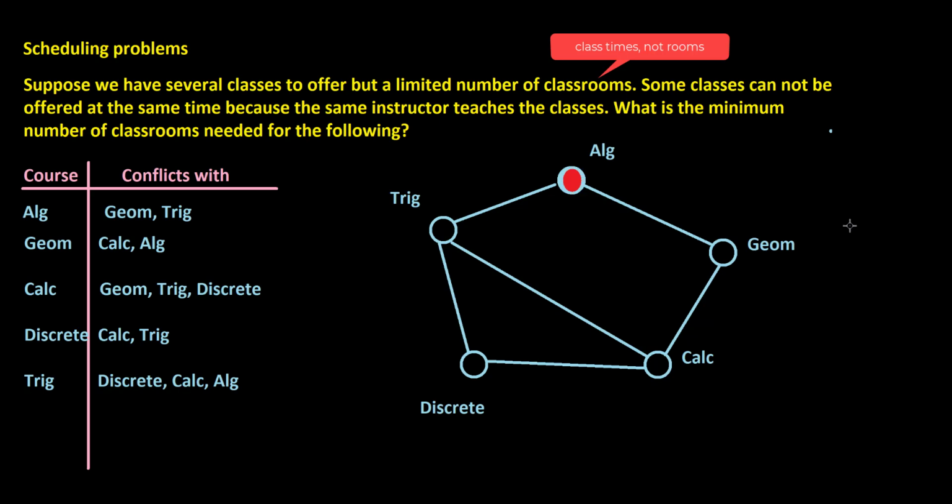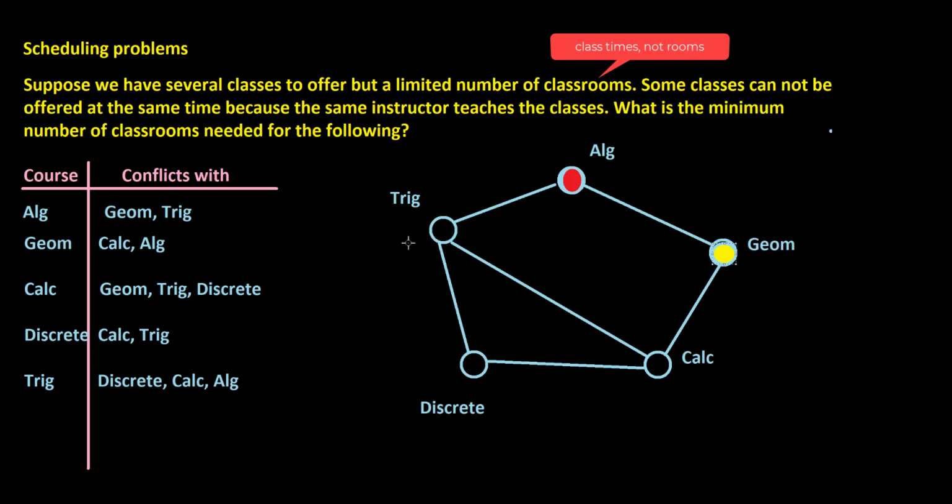Whatever time period that went into, I need a different time period for geometry and trig. So it can't go in the morning slot that's designated red. I need a different color. So let's choose yellow.